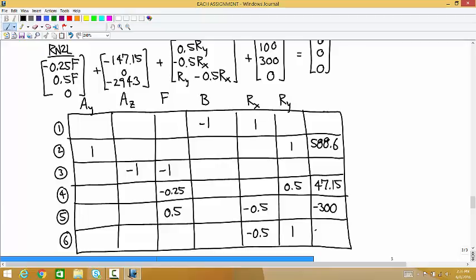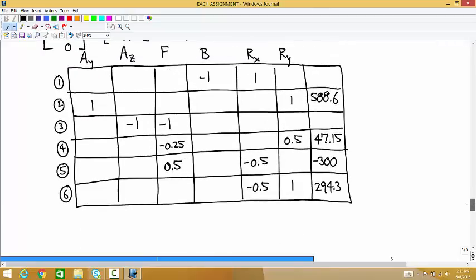And constants, we have 294.3. Okay, so Ay, Az, F, B, Rx and Ry. Okay, Vadim, give it to me.